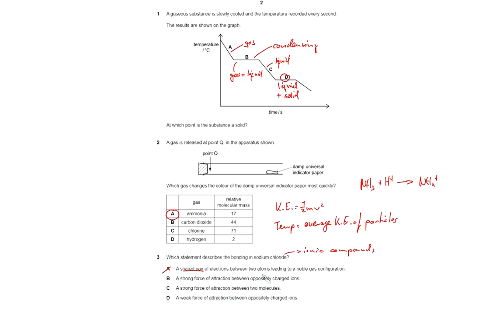That's a covalent bond. That's not happening in an ionic compound. So that means we can as well exclude C, strong force of attraction between molecules. We don't have molecules here. We have ionic compounds. And so it's either B or D, and the force of attraction between oppositely charged ions is a strong force. So that is answer B.